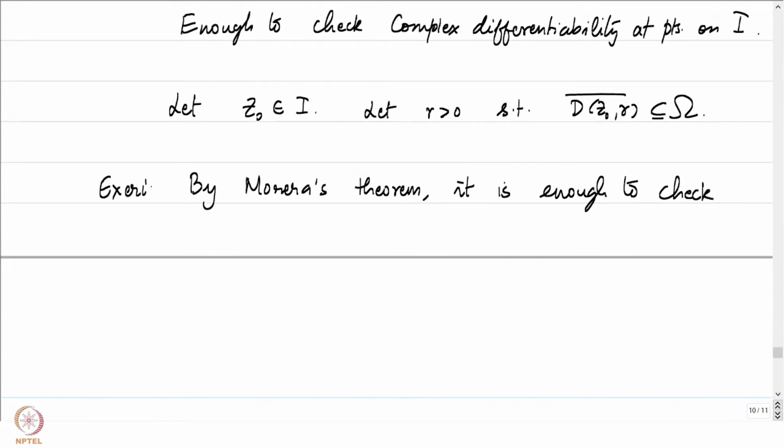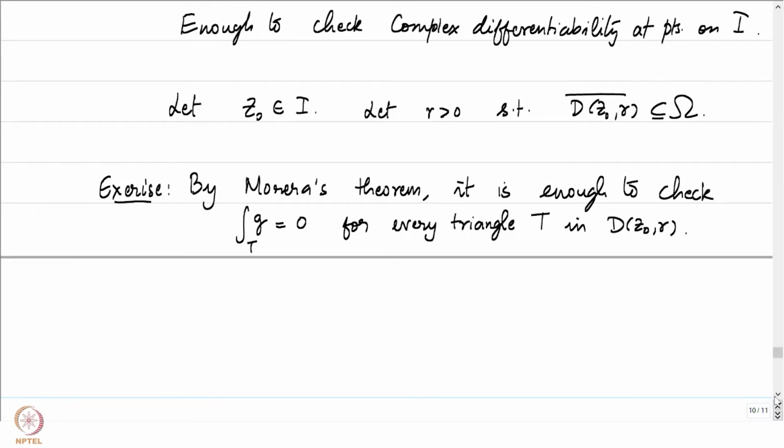I will tell you why this is an exercise. It is enough to check that the integral of g over T is equal to 0 for every triangle T in D(Z0, R).